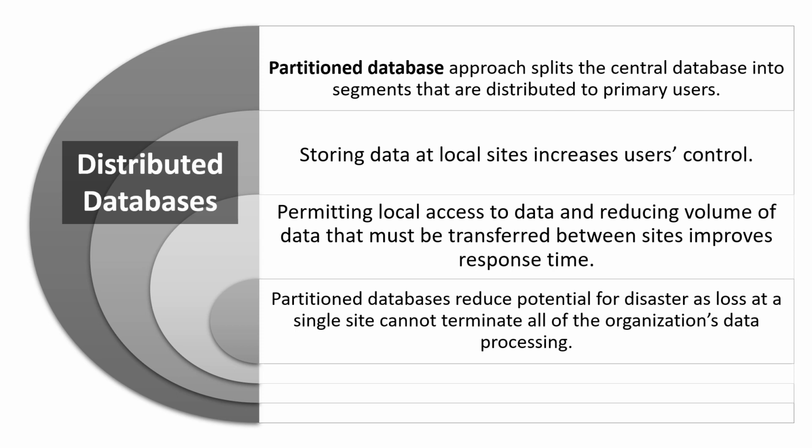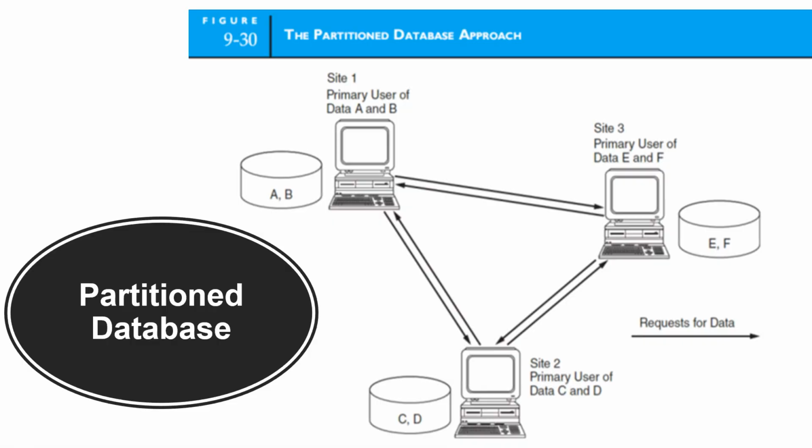So different data is stored in different locations. And let's say some disaster happened, a flood or a fire at one site, so the loss is only for that single site and not for the other sites of the database.